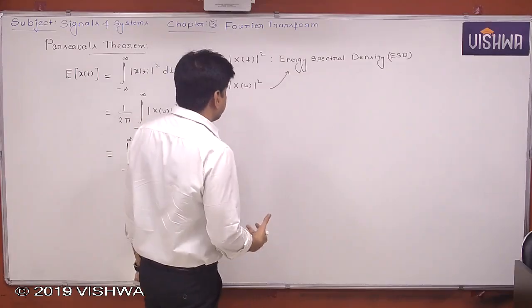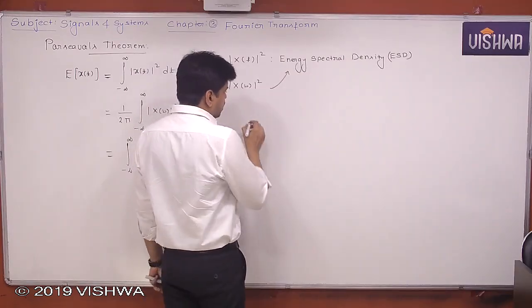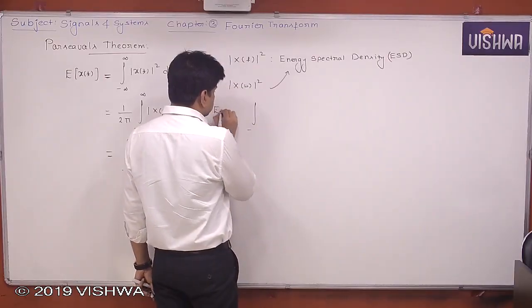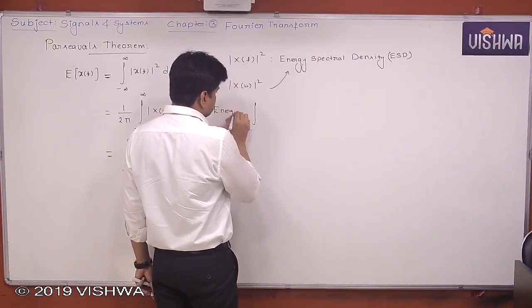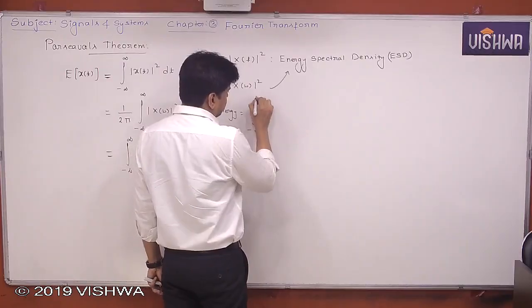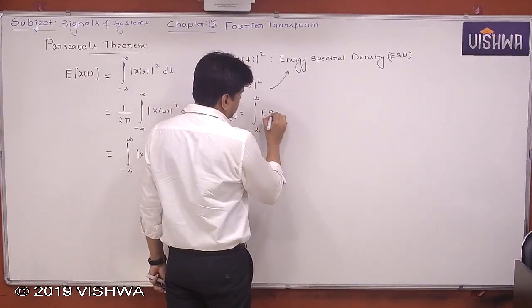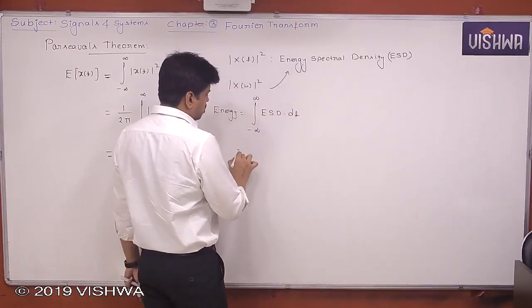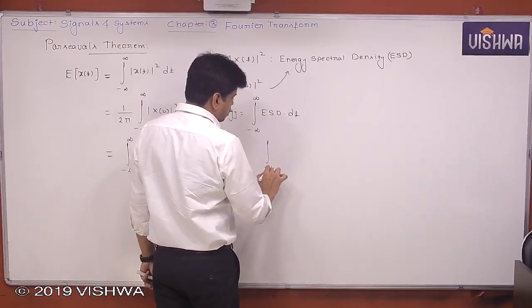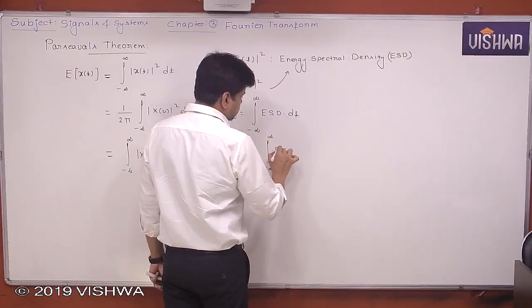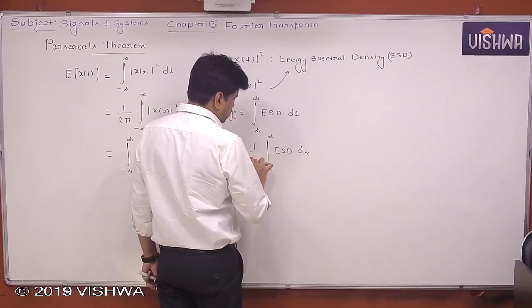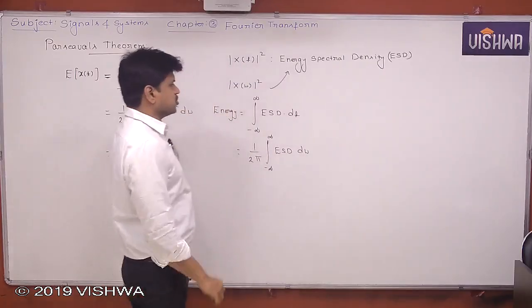Now if I know energy spectral density, energy can be calculated by integrating the energy spectral density with respect to f, or I can integrate energy spectral density with respect to d omega, but we have to say 1 by 2 pi. So these are the formulas.